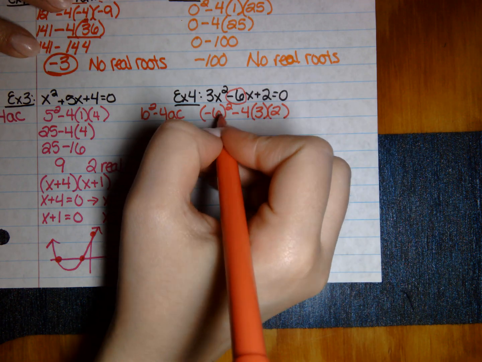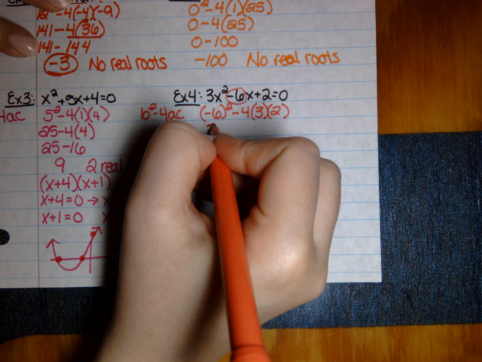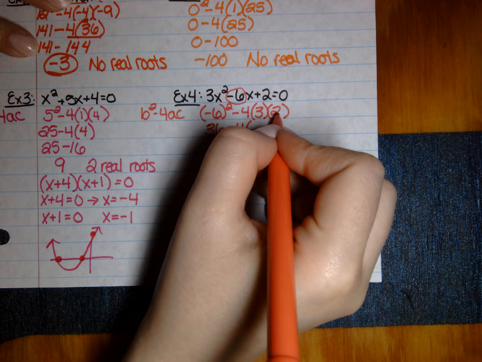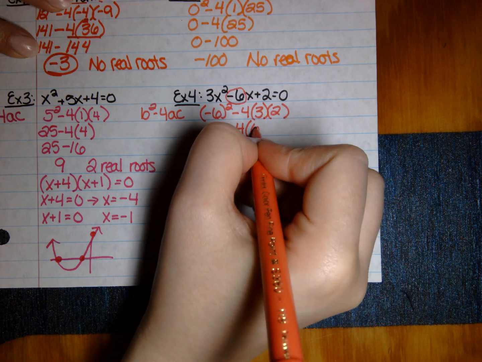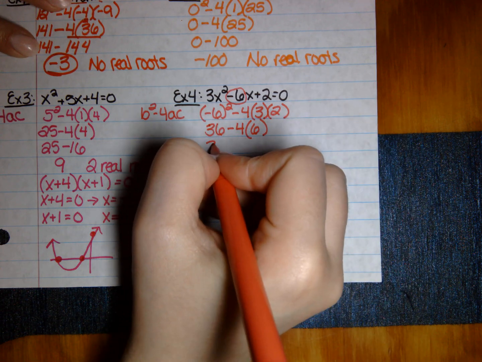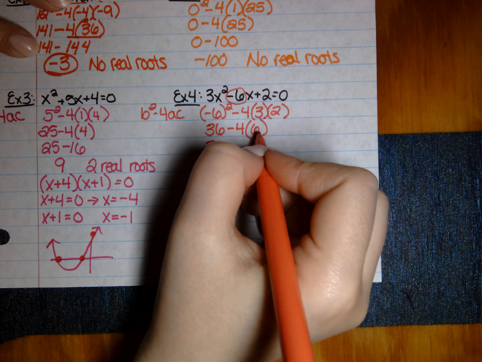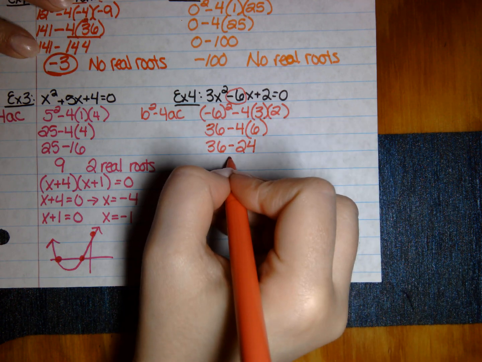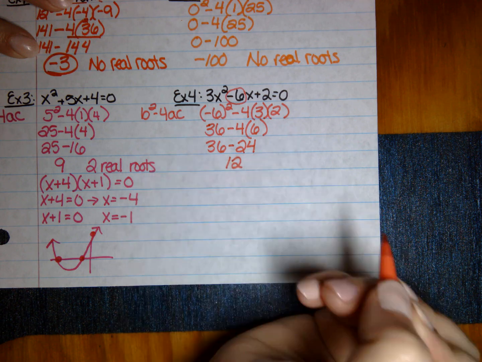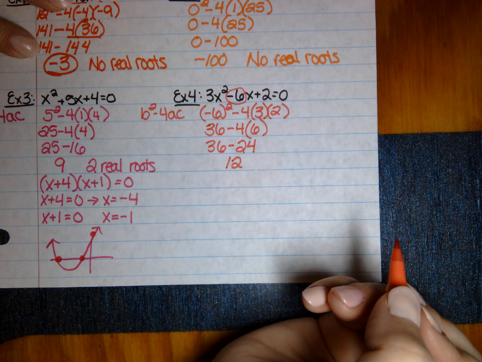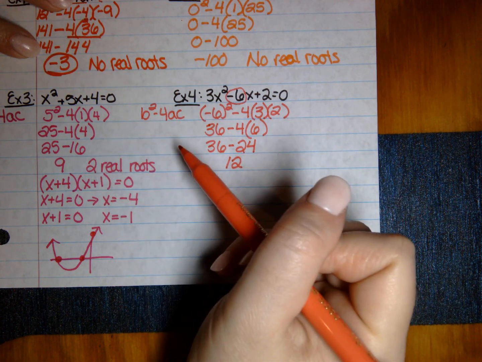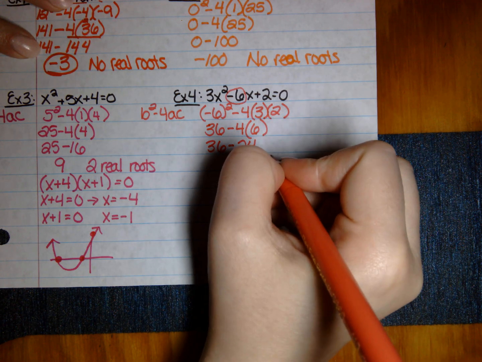So negative 6 times negative 6 is going to give me a positive 36, minus 4 times 3 times 2, which is 24. So I'm going to have 36 minus 24, which is going to give me a positive 12, which again, if I have a positive number, that means I'm going to have two real roots.